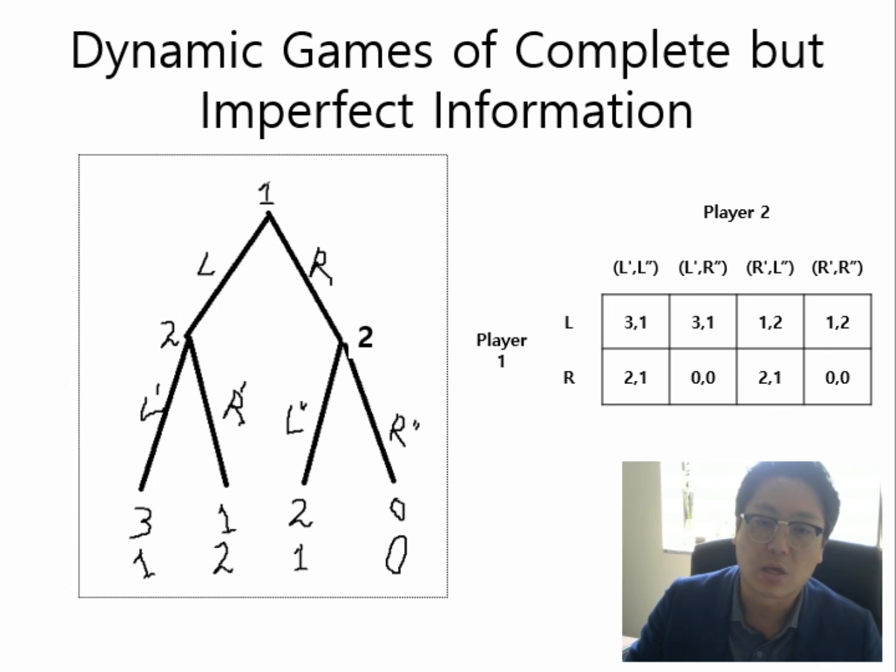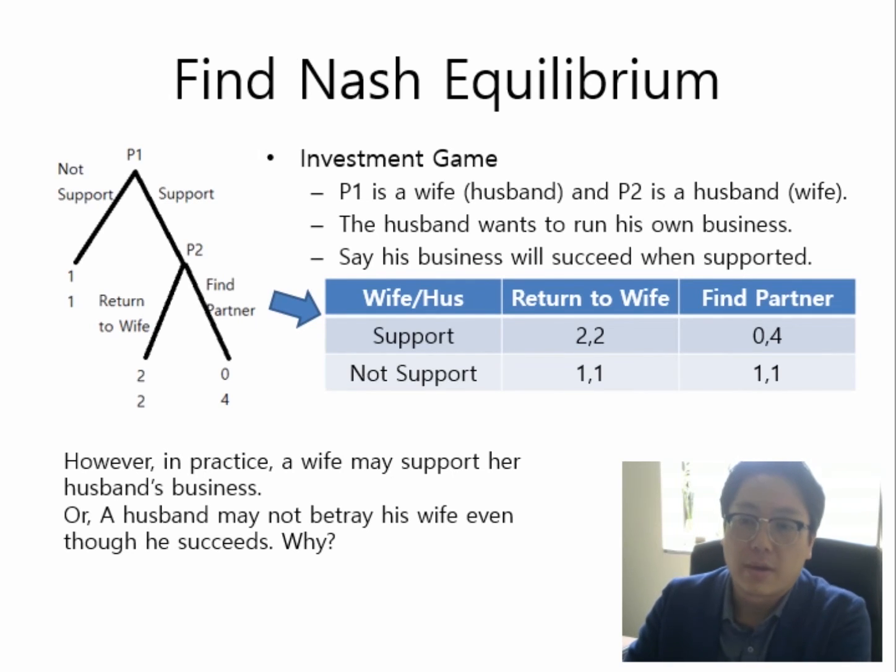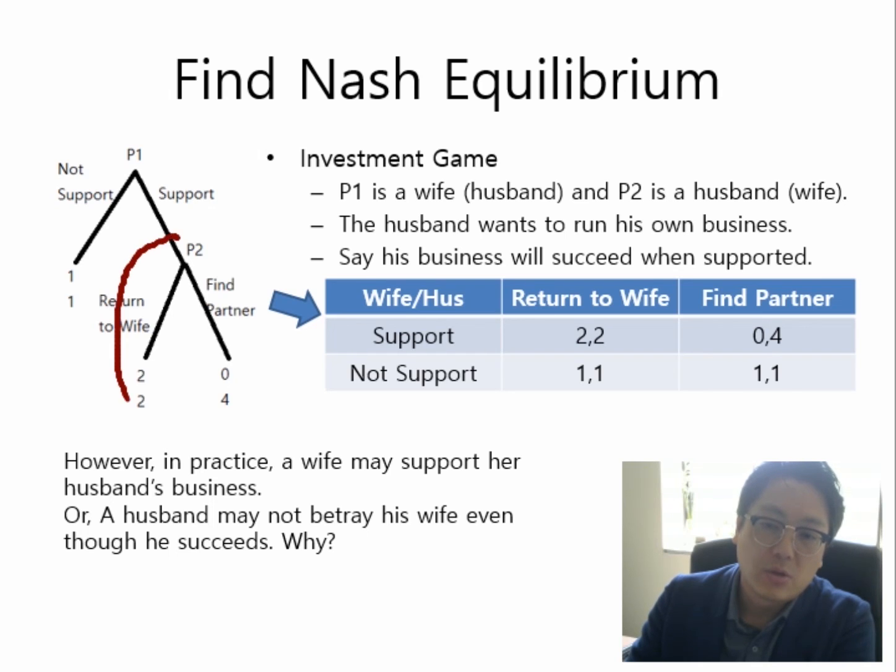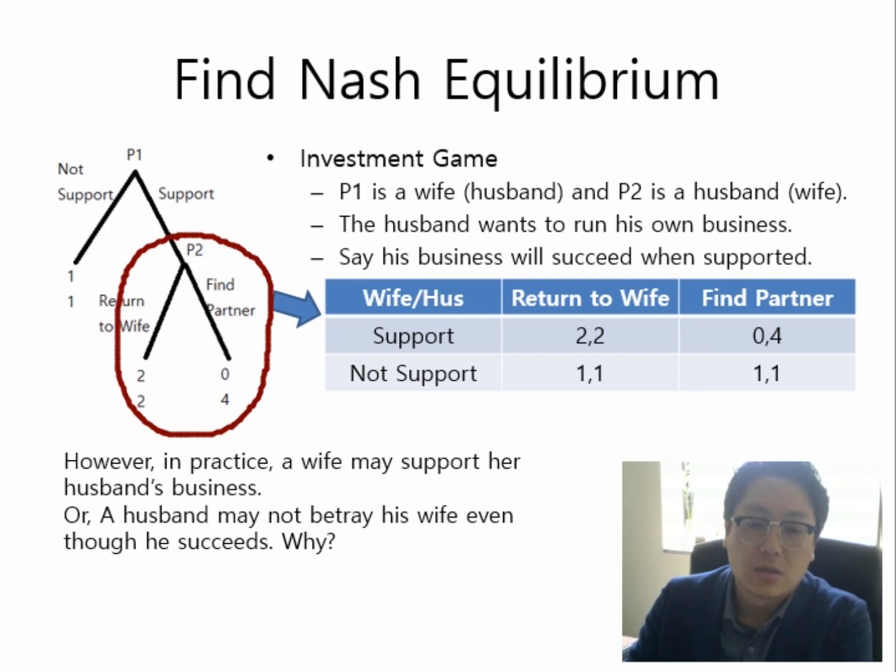This one and this one, this one. How about this? Once this node is reached, the second player will choose between those two, and then the second player will choose this one. Right? Once this node is reached, all the others cannot be changed because that is past, already given up.